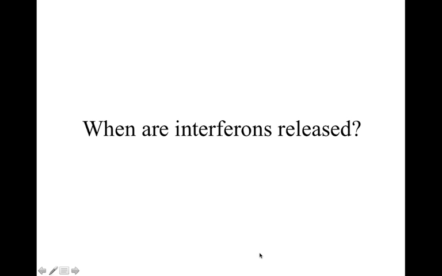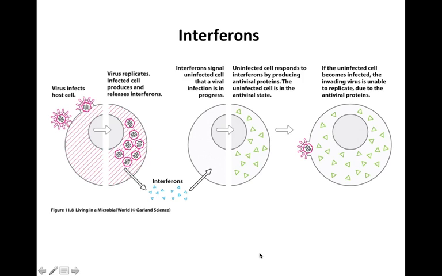So when are interferons released? They are released after virus infection. Viruses will bind to host cells, and some of them will be able to recognize that they are virally infected, and they'll release interferons. Interferons are cytokines that are released from virus-infected cells, and they can act on nearby cells that have interferon receptors to warn them and say, I have been infected, protect yourself, and induce this antiviral state.